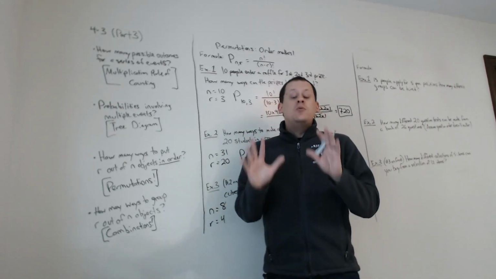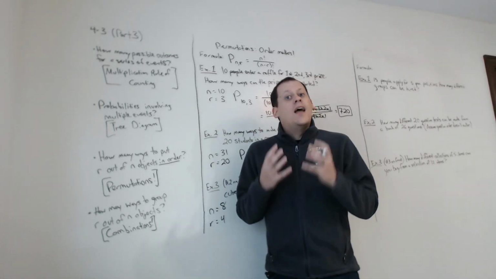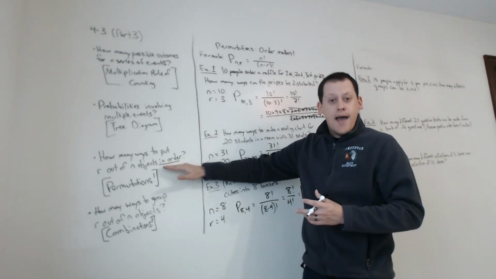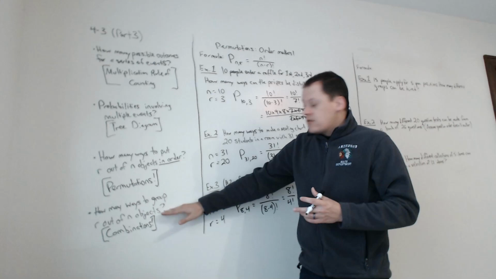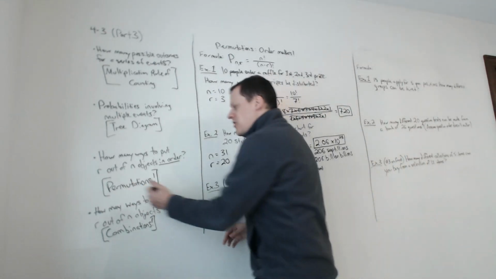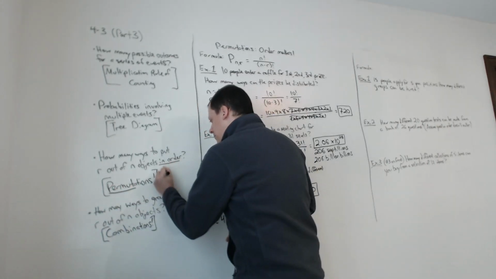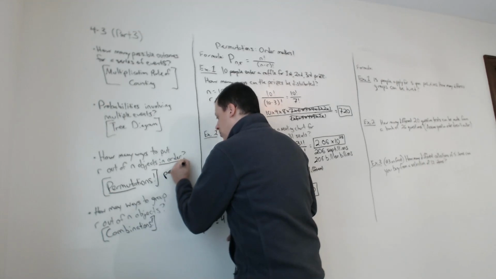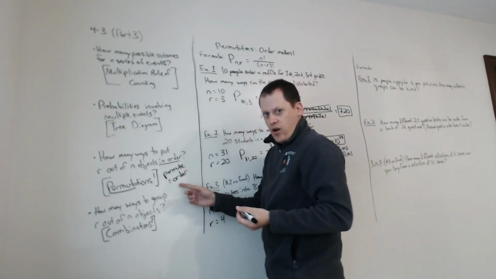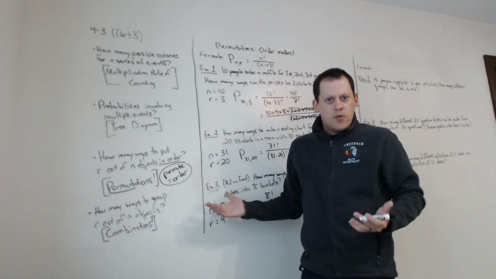So let me save you decades of statistical anguish and help you get it straight right now. Permutations are where the order matters. Combinations are where they don't. If it helps, the root of the word permutations is to permute. If you're permuting things, that's just another word for order. When you permute things, you're putting them in order.